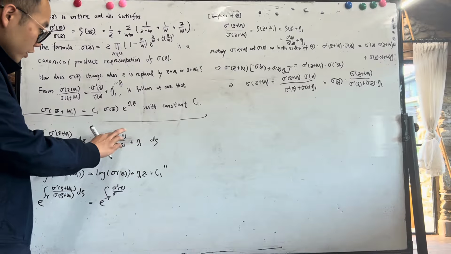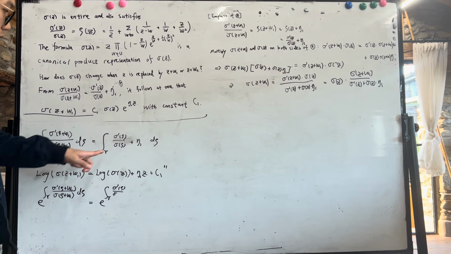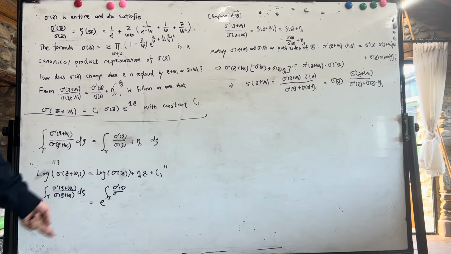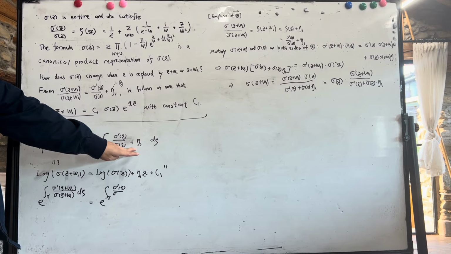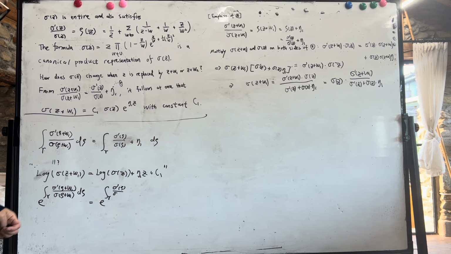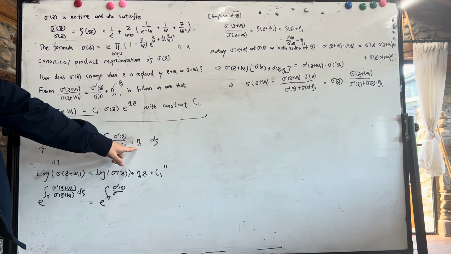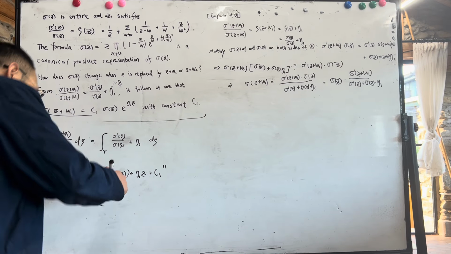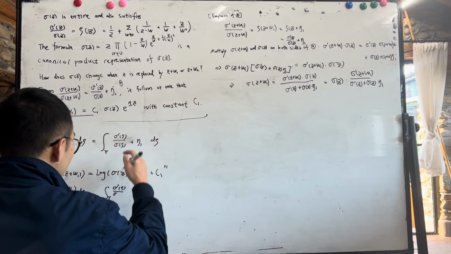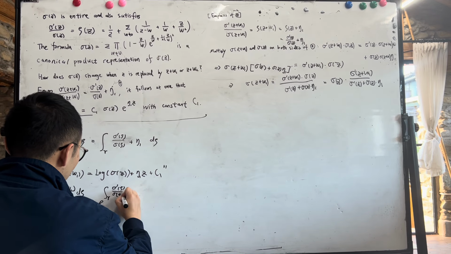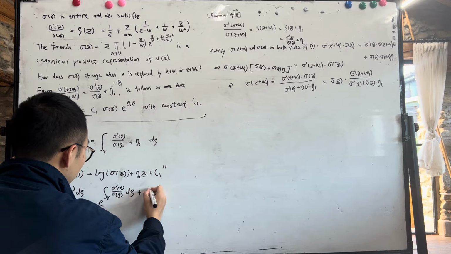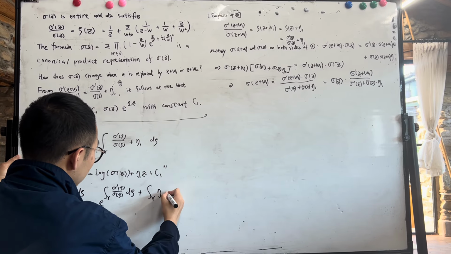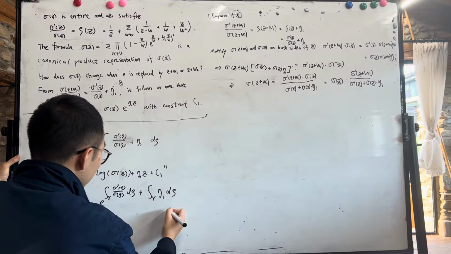If we ignore this function, it may have some singularity, but this function eta 1 is just eta 1, so there's no singularity. On whatever the domain, like C, this function has no holes, right? So the antiderivative of this function is well defined. So d zeta plus the integral over gamma of eta 1 d zeta.